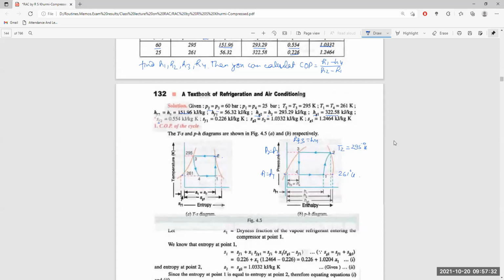That's Sg1 is Sf1 plus Sfg. All these values except X1 are given. So we have got the equation 1.02 X1, that is equal to S1. And we know S2 is given as Sg2, the entropy at gaseous state at point 2, which is given as 1.03352. So put it here. If we use these two equations, then we will get the value of X1 itself.